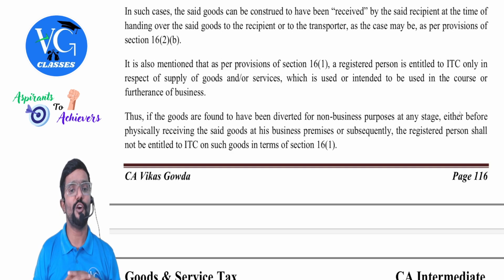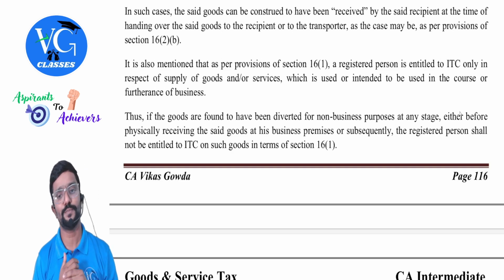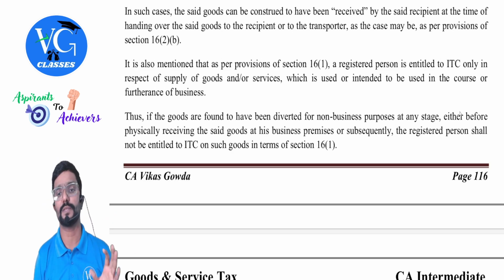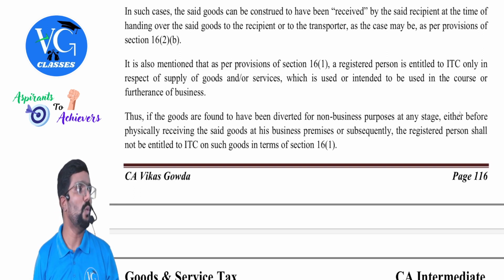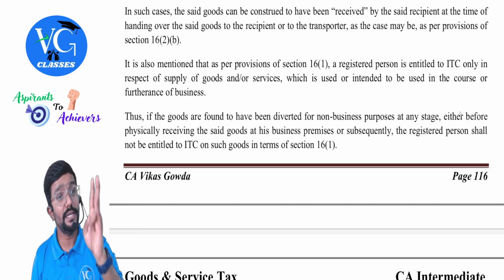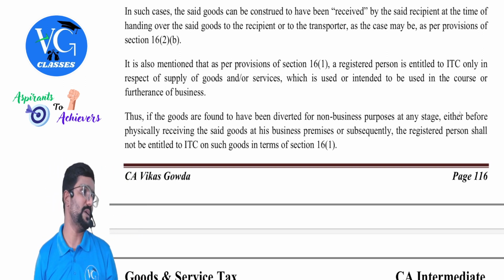Thus, if the goods are found to have been diverted for non-business purpose at any stage, in simple terms, if it is used for personal purpose, either before physically receiving the said goods at his business premises or subsequently, the registered person shall not be entitled to ITC on such goods in terms of section 16.1, because 16.1 clearly says it should be used or intended to be used for business purpose.